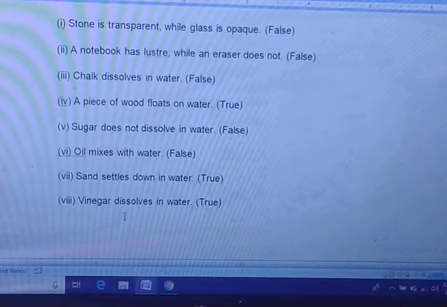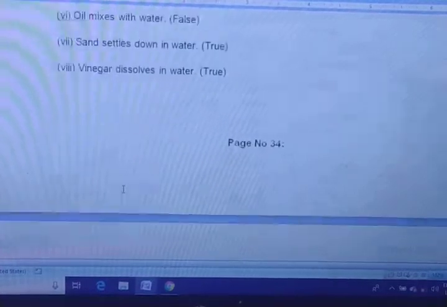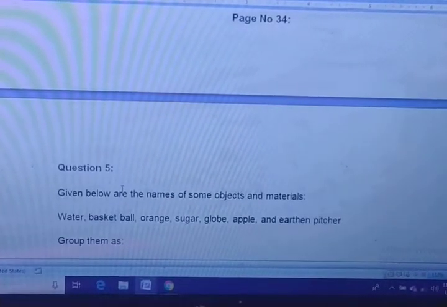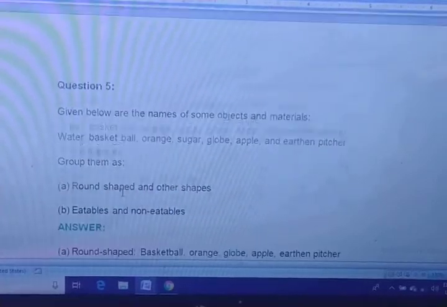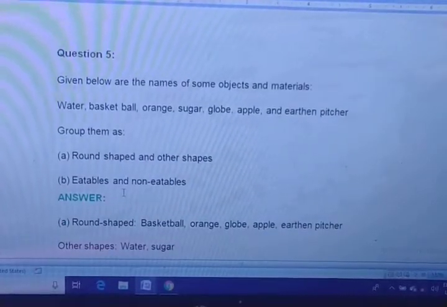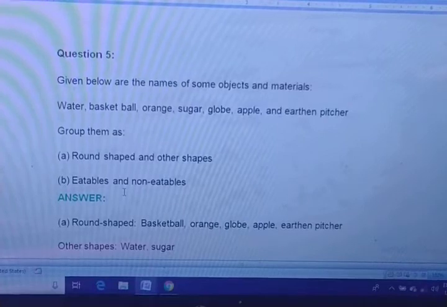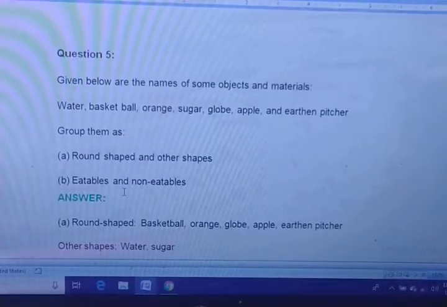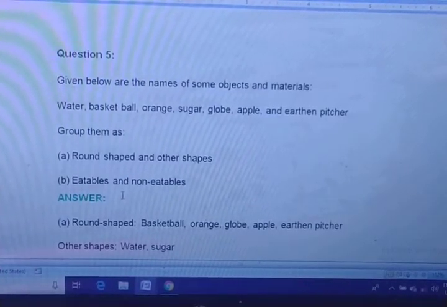So we have seen our question number 4 about true or false. Now we are moving towards question number 5. You can see in this question, given below are the names of some objects and materials: water, basketball, orange, sugar, globe, apple and earthen pitcher.